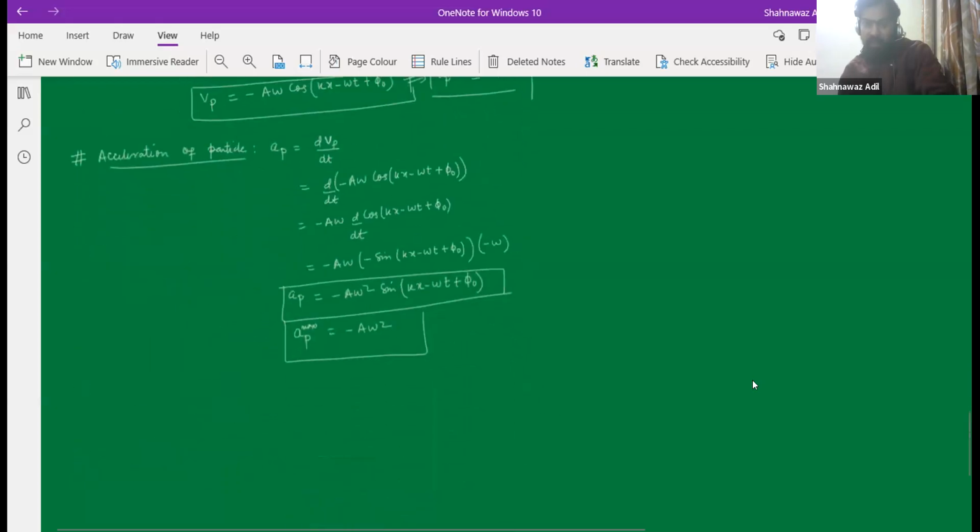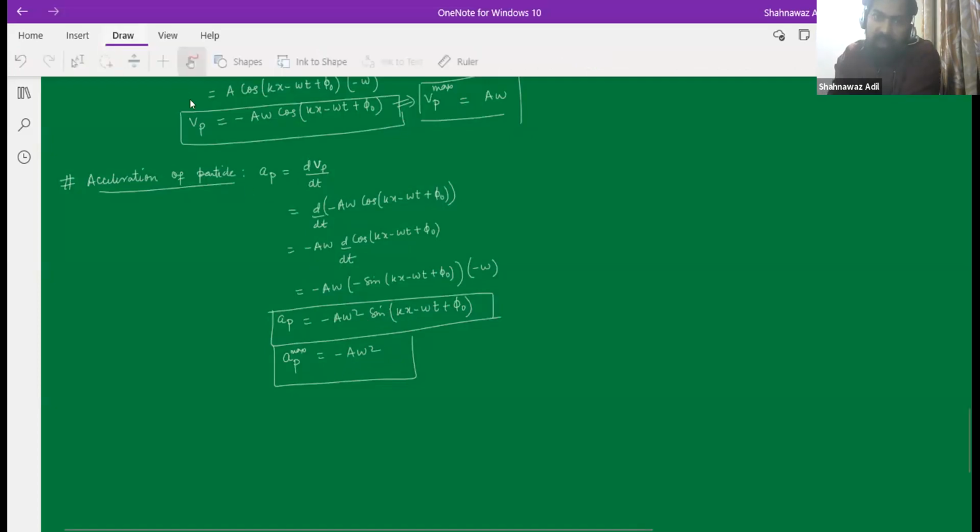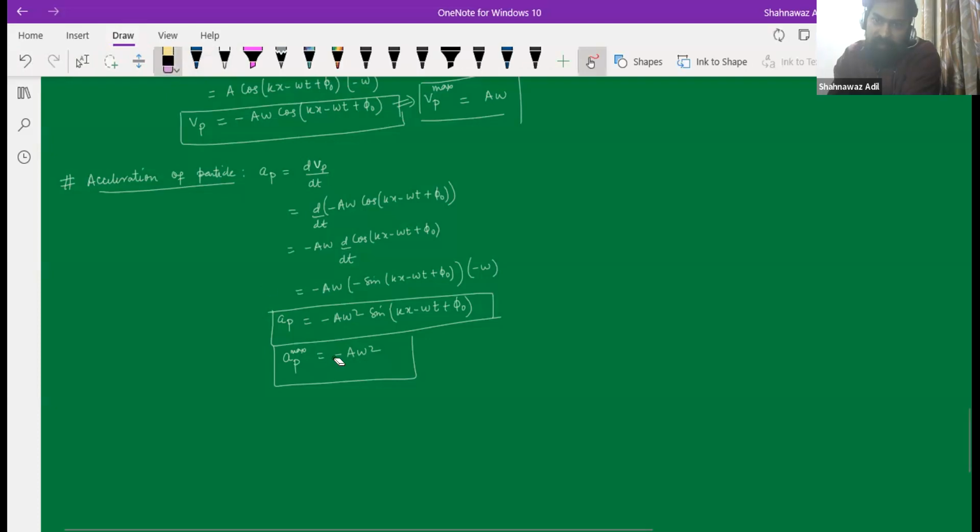Then the maximum acceleration, we can write this as A omega square. The minimum would be how much? The minimum would be simply minus A omega square, and the maximum would be just this.